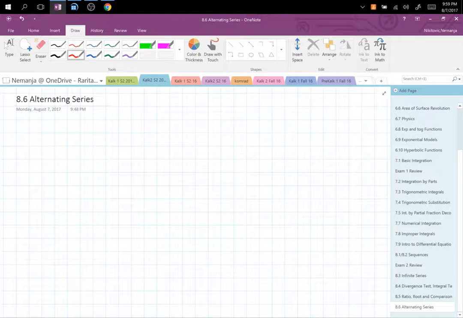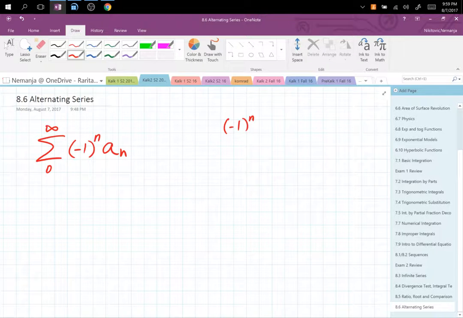You recognize alternating series when you see the alternating term, negative 1 to the n, followed by a sum from whatever to infinity. This negative 1 to the n can also be found as the cosine of n pi or sine of n pi over 2. These are the three different things that will trigger alternation.